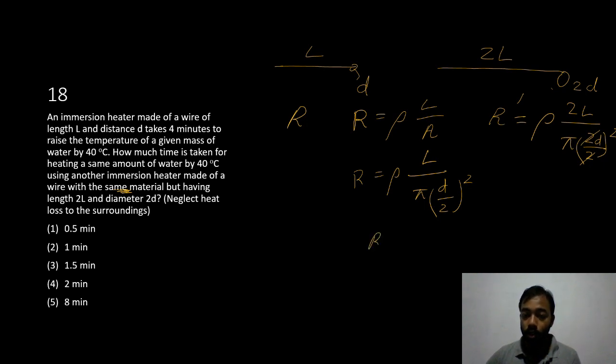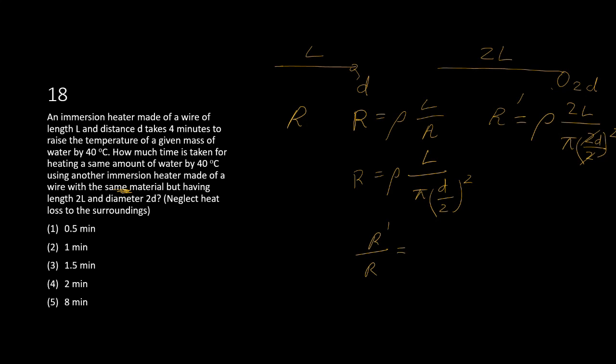So you can write R dash over R is equal to rho 2L over pi D squared, here rho L over pi D squared over 4.